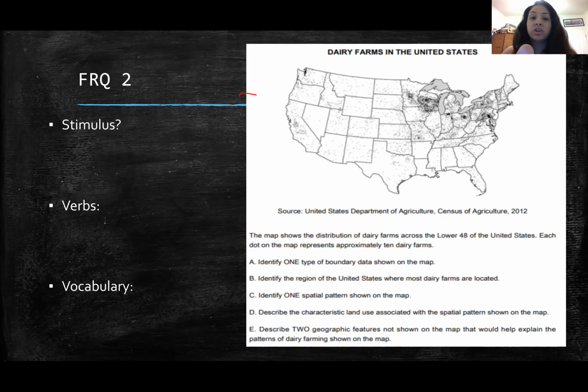This is a regional assessment because it's just the country, or nationally, right? Okay, so they've got this cool little map of dairy farms in the United States. All right, so does this have a stimulus? Totally, the map. So one stimulus, which is the US map, okay? And it's a US map of dairy farms.